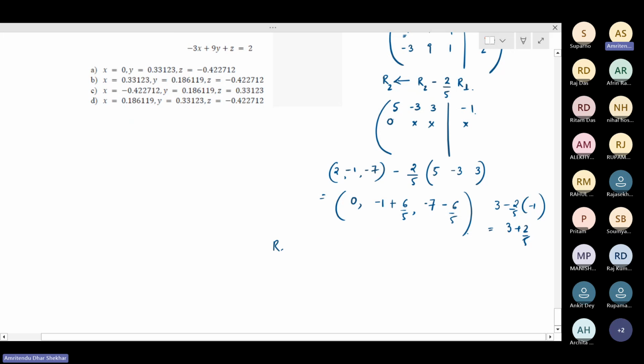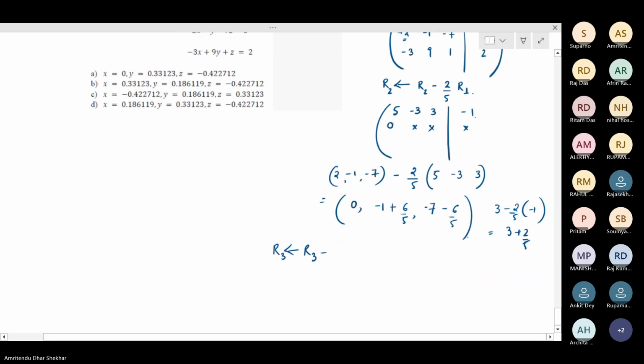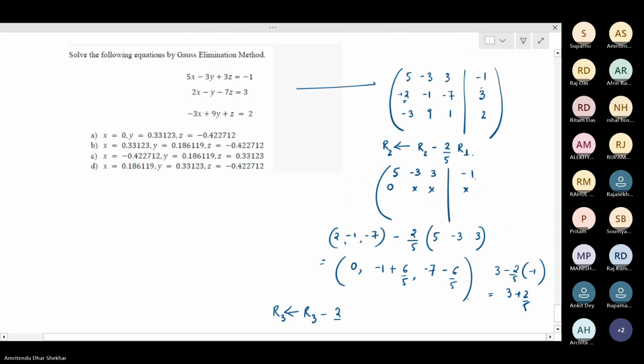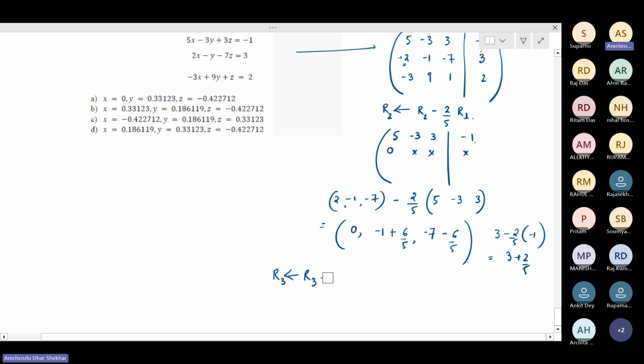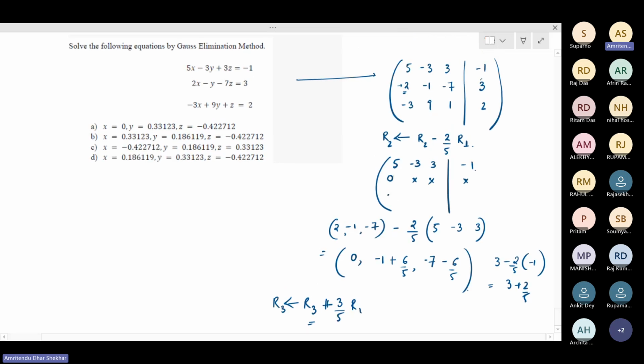You set the third row to be equal to the third row plus 3 by 5 times the first row. When you do that, this term also becomes 0 and you get some entries over here. These could be some non-zero entries.